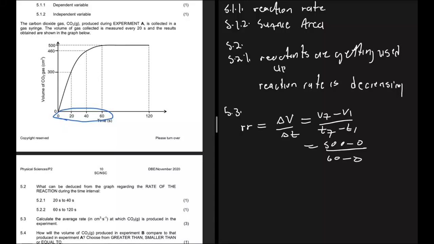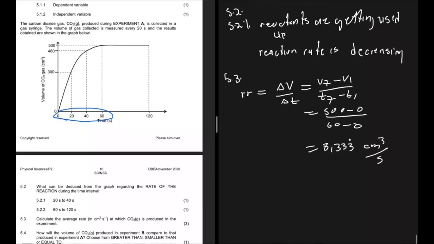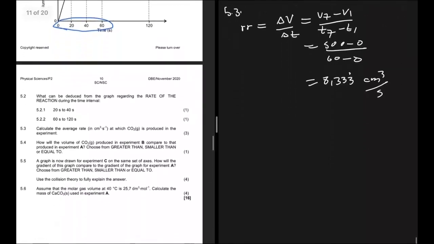So let me just punch that into my calculator. We have 500 divided by 60, which is 8.33 recurring cm³ per second. And then we are done.